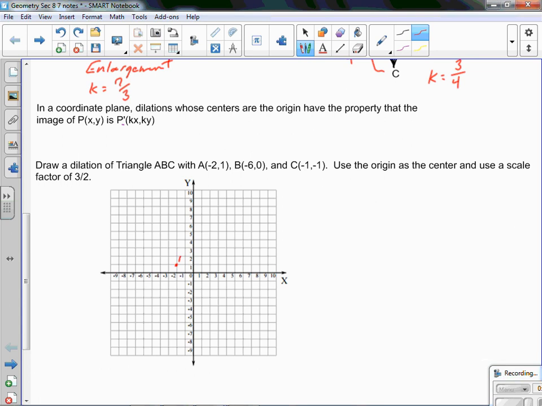Gotta put our A right there. B is -6, 0, so right on the line here. And C is -1, -1. And then from there we want to create the dilation. Right, so this is our original triangle.